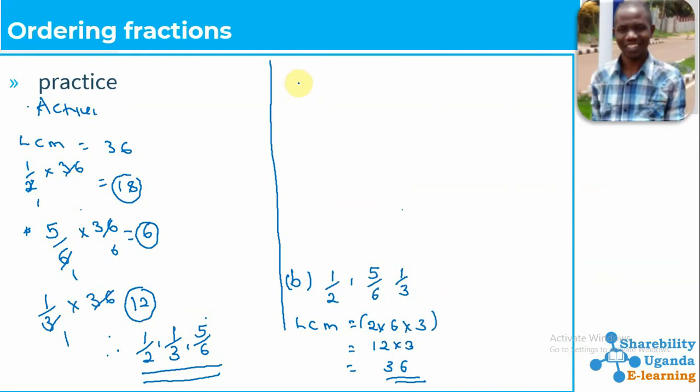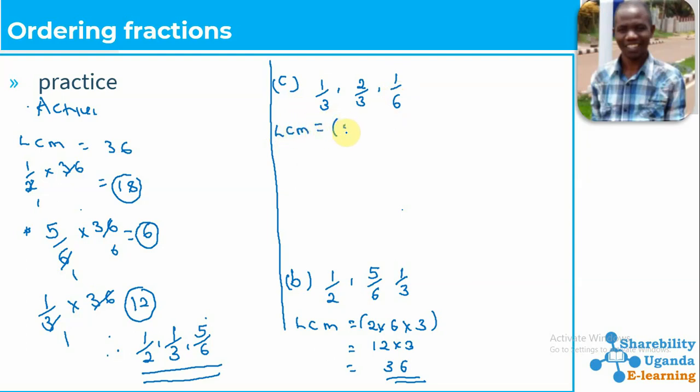So we have part C: 1 out of 3, then 2 out of 3, then 1 out of 6. We want to arrange these. We said we can first get the lowest common multiple.